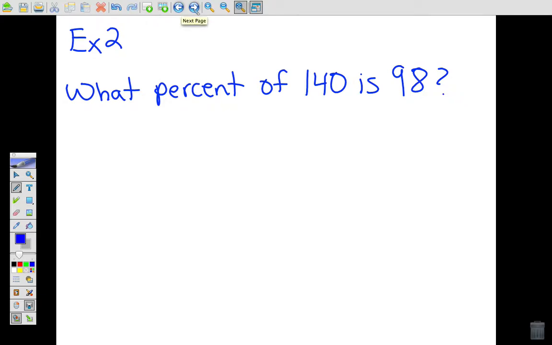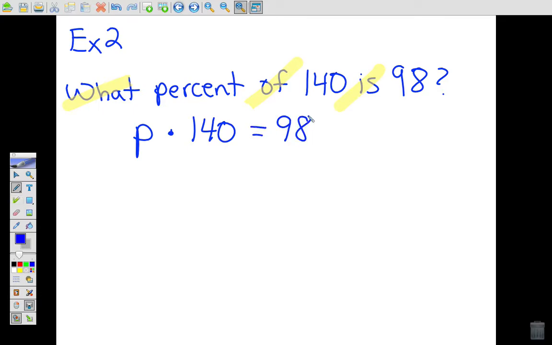It says what percent, so what percent of is. So what percent, and I'm going to use P to represent percent because they want an answer of a percent. What percent of, times 140, is 98?